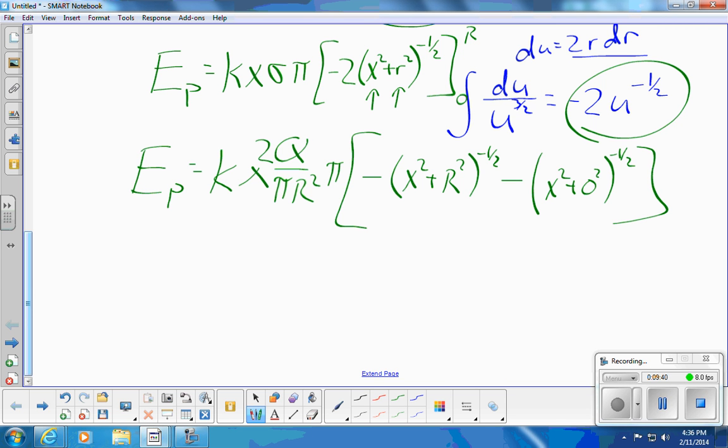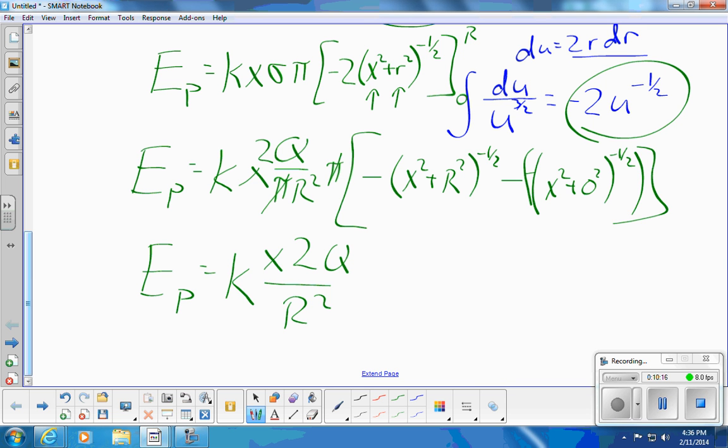And so, oh, oops, minus a negative, because I left my minus in there. Oh, good catch. Okay, so minus a negative that. I should have pulled it out. Okay, so electric field at point P is equal to, my pi's go bye-bye, and I have, this is really neat and tidy, K times X times 2Q over R squared.